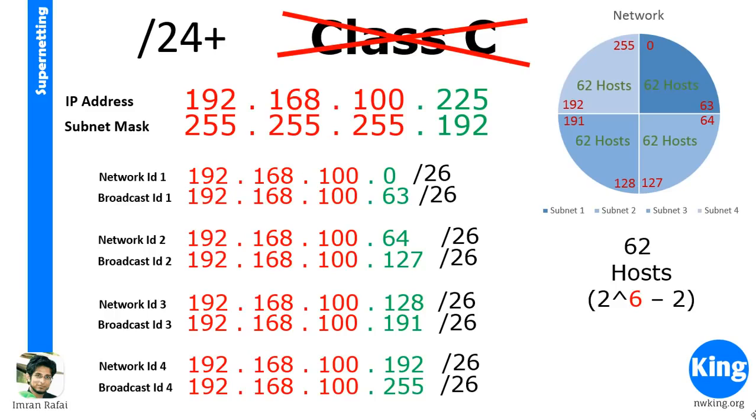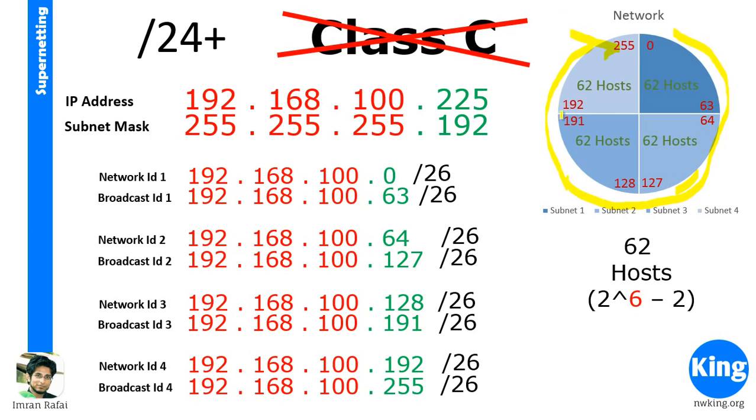Now, if you remember in our last video, we did subnetting, and we broke down this class C IP address into 4 networks. So 192.168.100.0, 100.64, 100.128, 100.192 were 4 different networks. Now we also know that 192.168.100.0/24, which is nothing but the class C network without subnetting, included all these IP addresses, right? So it started from here and it ended here.